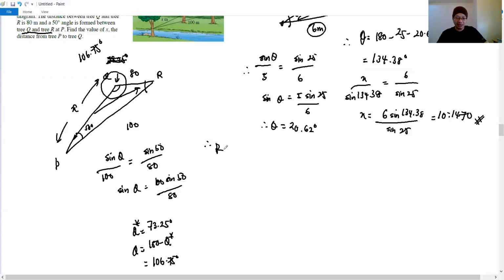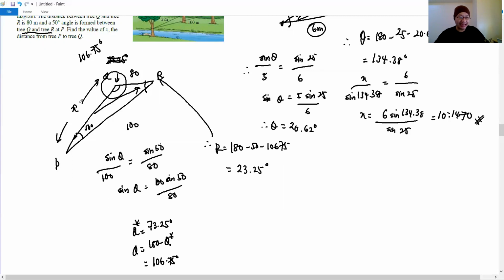Therefore R equals 180 minus 50 minus 106.75. So how much do you get for R here? The answer is 23 point something, 23.25 degree. That is your angle.